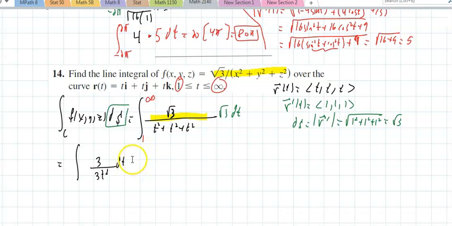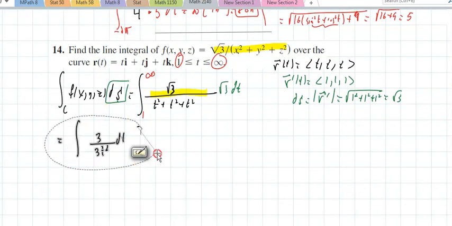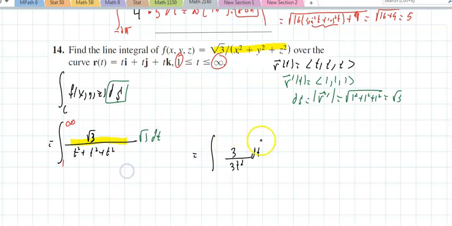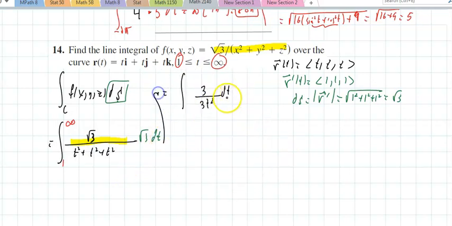Let me write it slightly different so you can follow it easier. I'm going to put this down here, and now with an arrow, you can follow easily. That's going to be the integral of t to the negative 2, so that's going to be t to the negative 1 over negative 1.